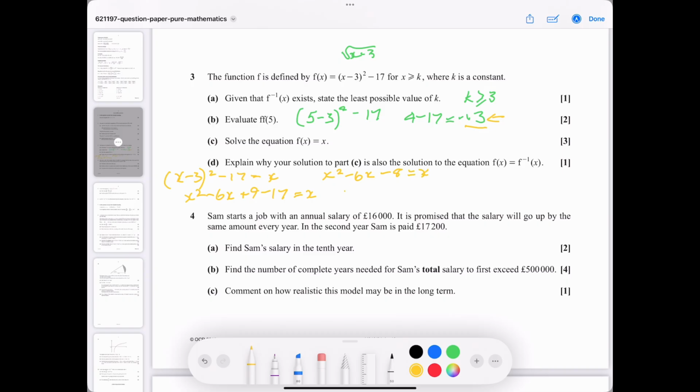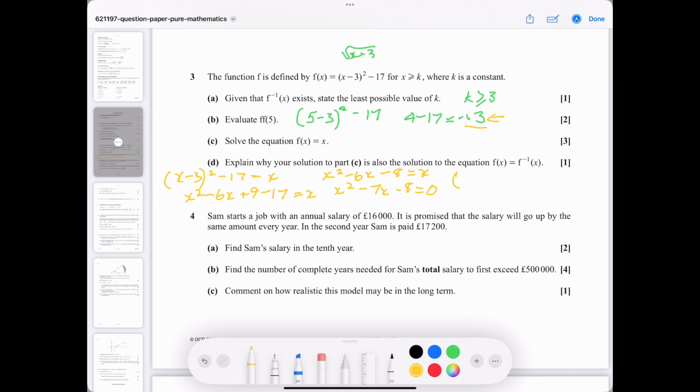Now we'll take x off both sides, so we get x squared minus 7x minus 8 equals 0. Let's have a little look at what we get.